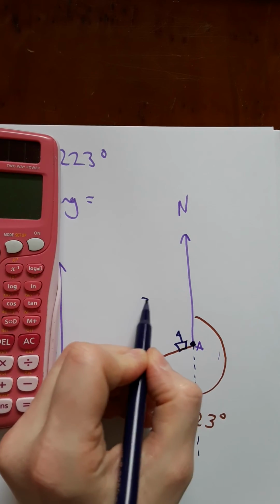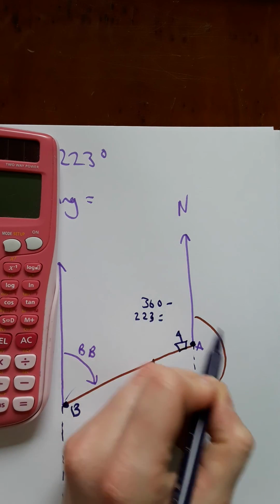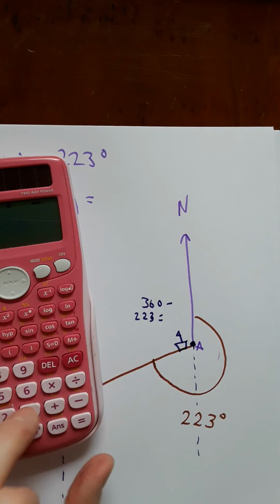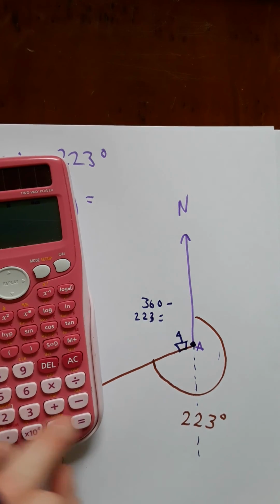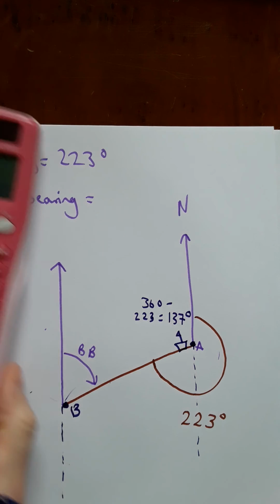So I'm going to do 360 minus 223 because it's not quite an entire circle, which is 137 degrees.